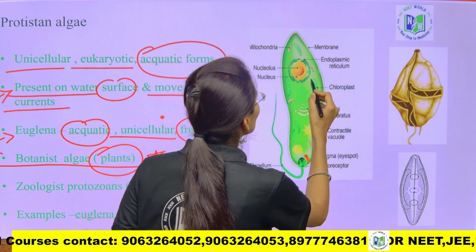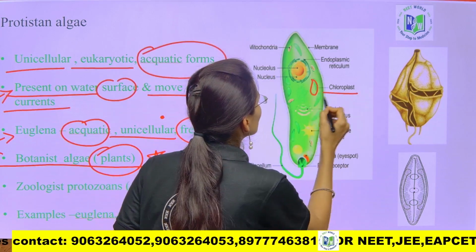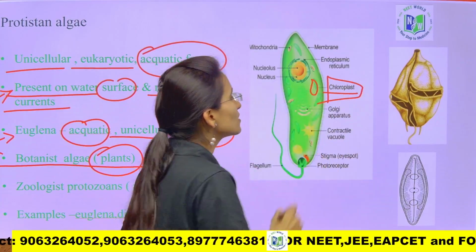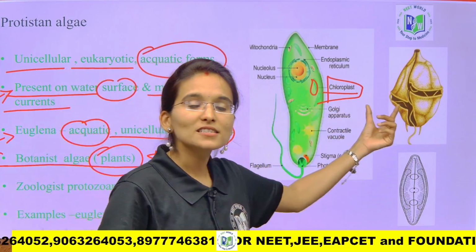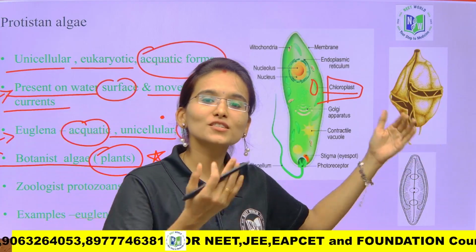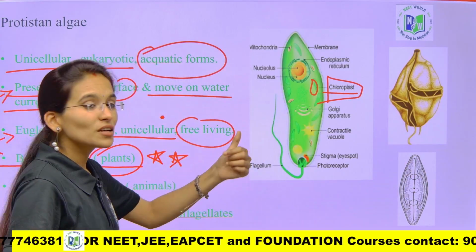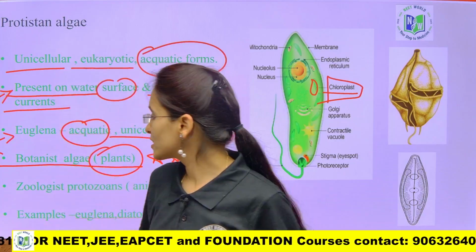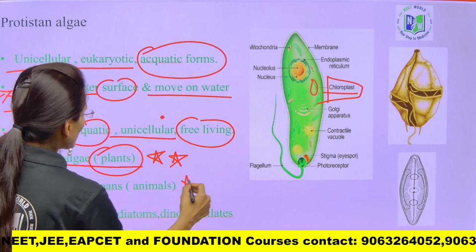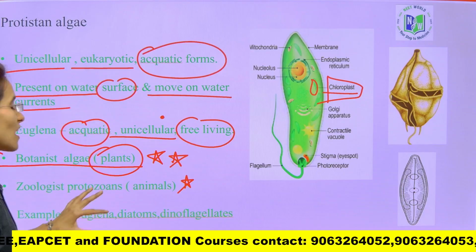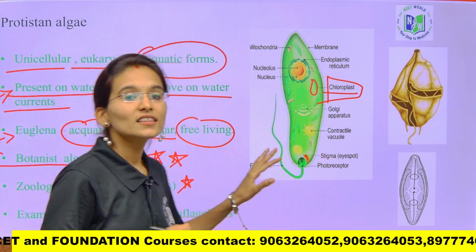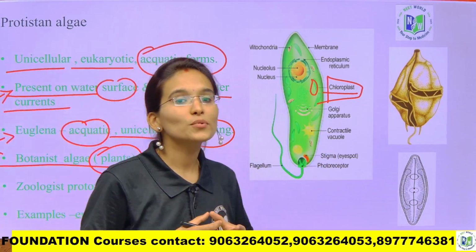Can you see the chloroplast? Yes, here it is. Due to the presence of chloroplast, botanists have concluded that it belongs to the plant kingdom. But when it comes to the other most interesting point, that is animals, some of the zoologists have considered these as belonging to the protozoans.